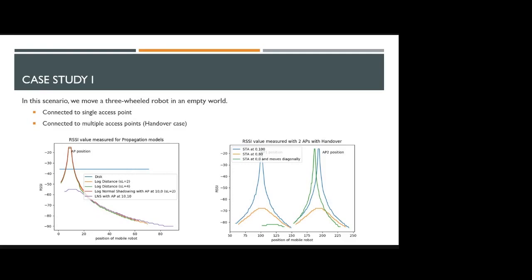As the robot moves along from 0,100 to 100,100, we can see a similar pattern: as the robot moves towards the access point, the received signal strength increases, and then when it moves away from the access point, the received signal strength decreases. And then around the handover scenario, you will have no signal. That indicates that these are the kind of areas where the control systems might not behave appropriately.